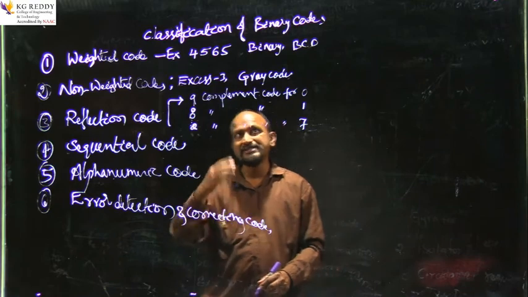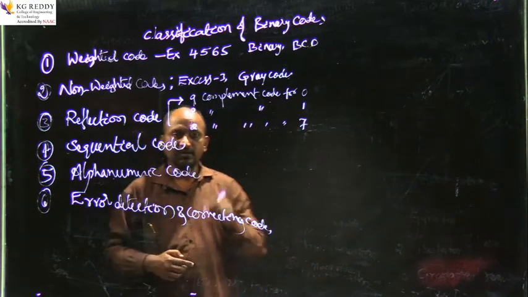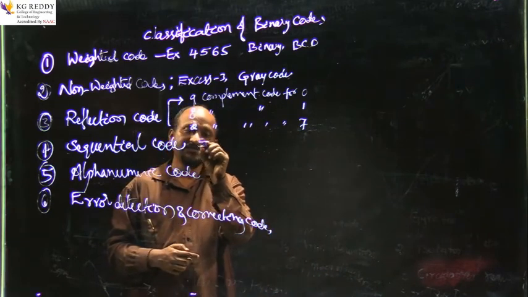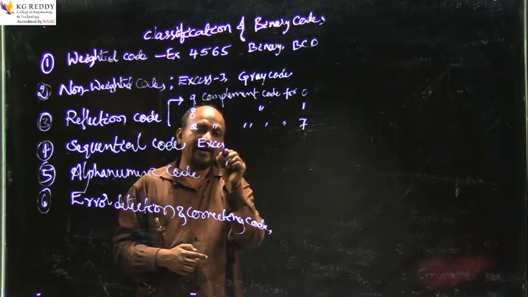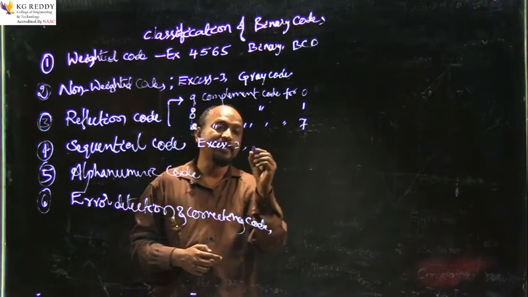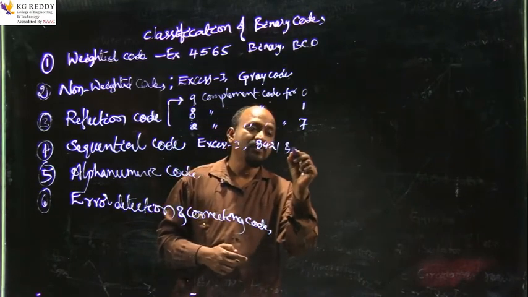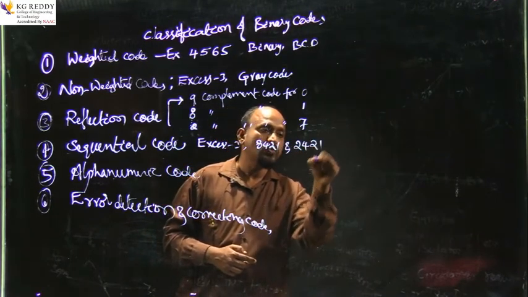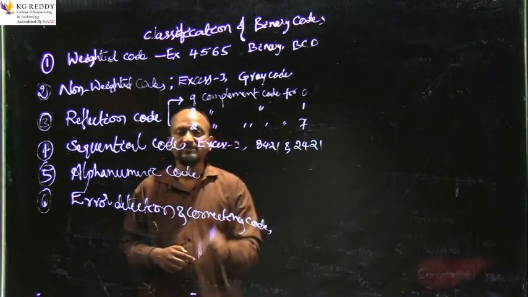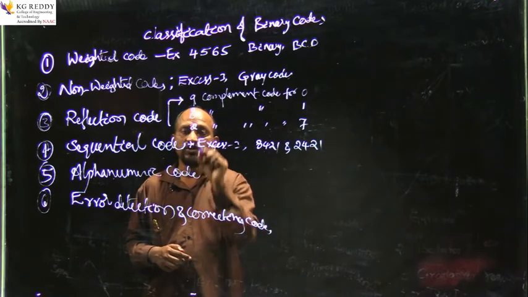Examples: the XS3 code, 8421, and 2421. All these are example codes for the sequential codes.